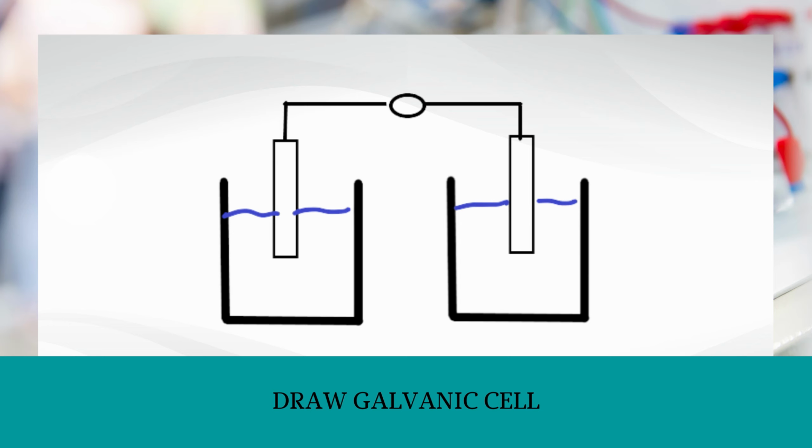To guide you, first you need to draw two containers containing two electrodes. Next, the electrons in the galvanic cell flow from the negative electrode to the positive electrode, meaning from anode to cathode.